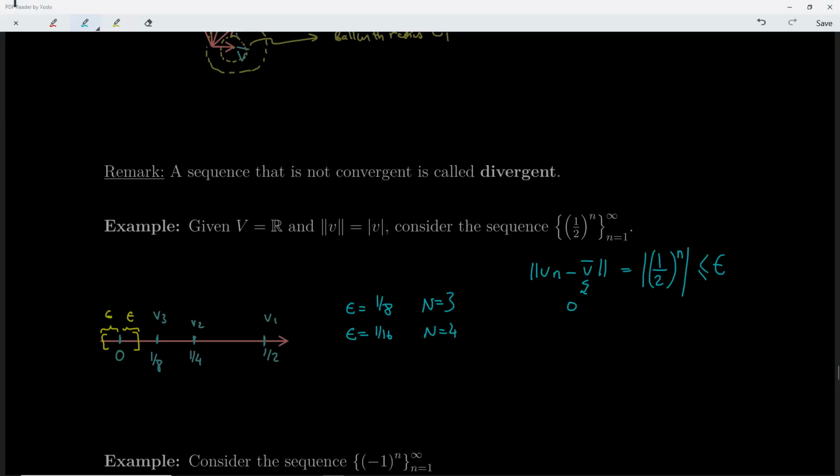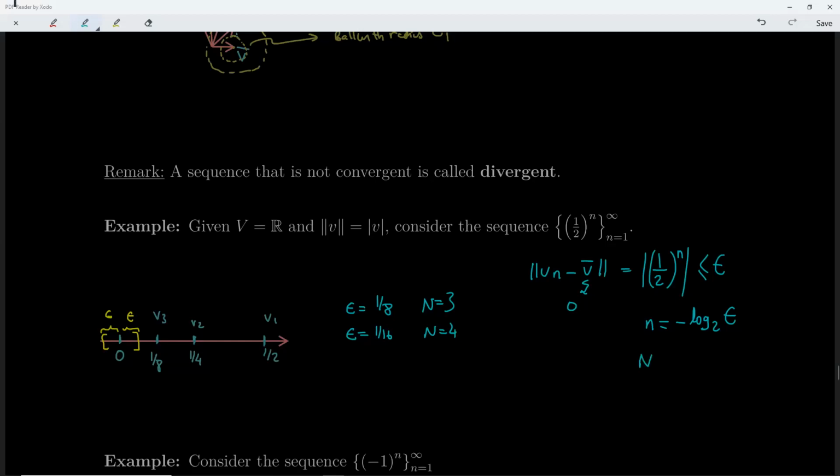If I take the logarithm of both sides, that inequality will be satisfied when n is equal to minus log 2 epsilon. And so for any n values greater than this value, the inequality will hold, because for larger n values, the smaller the left-hand side of this equation will be.